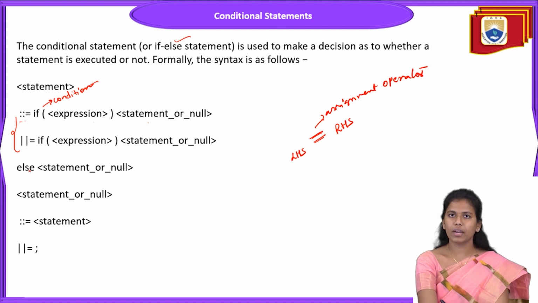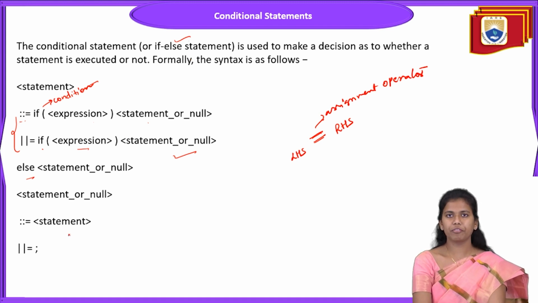So we can write the conditional statements in order to make decisions whether the particular thing has to move forward or not. So if expression and the same statement with statement or null, and else. I said the conditional statement is nothing but the if-else statement. So here the if, the condition, is followed with the else.